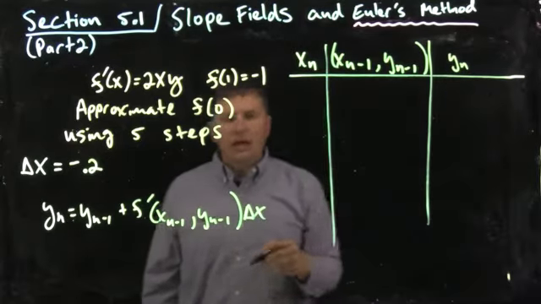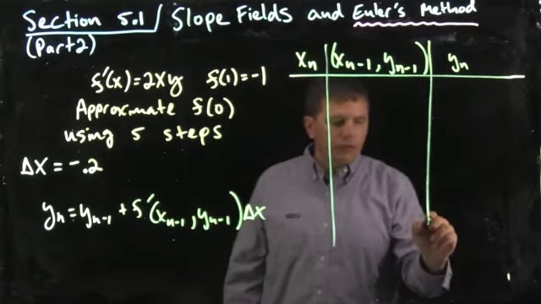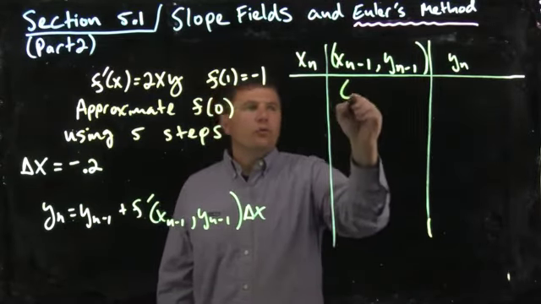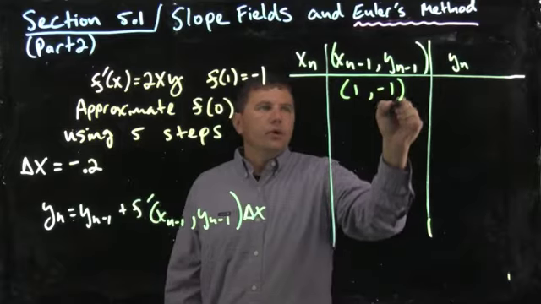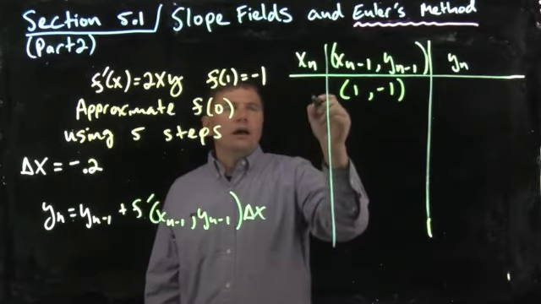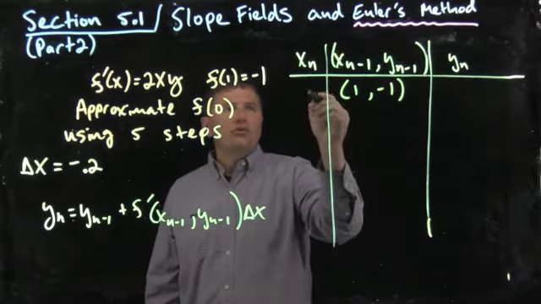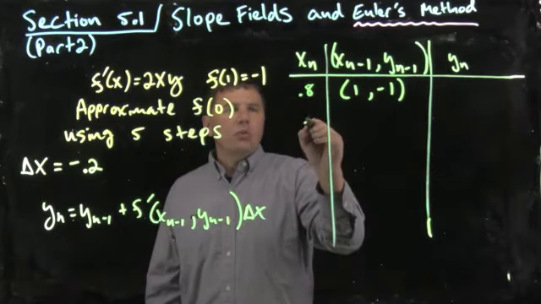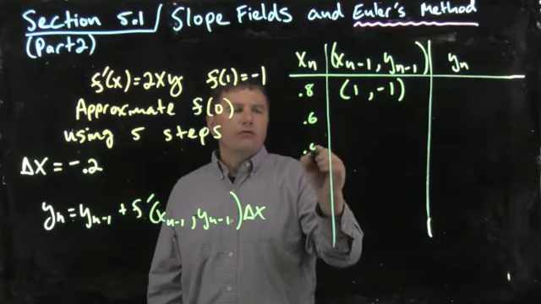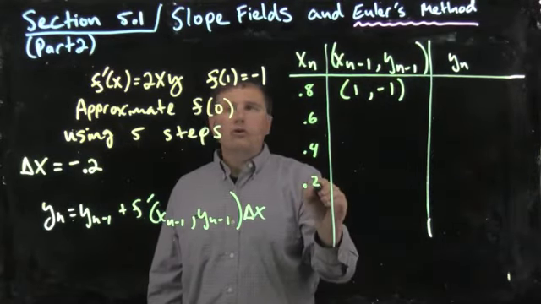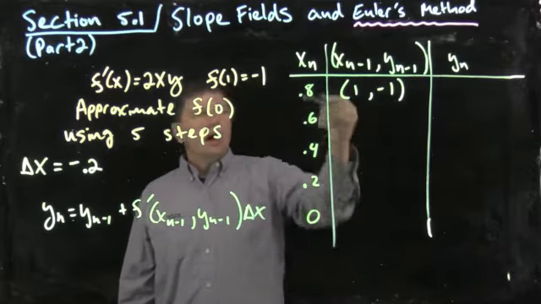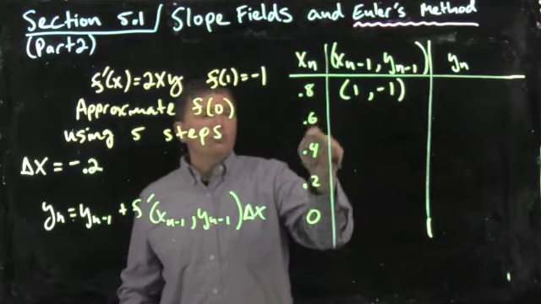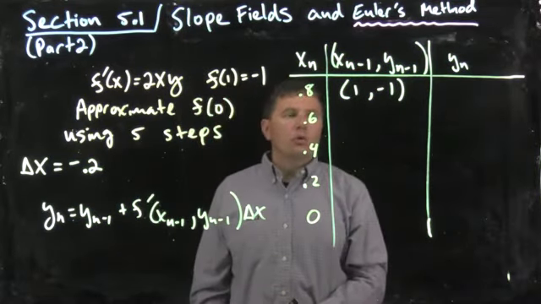The y sub n I'll do in the calculator, and I'll walk you through that trick again if you had a hard time following it. Let's plug in the initial point, which is 1, -1. My first x sub n will be 0.2 to the left, so 0.8, then 0.6, 0.4, 0.2, and we're interested in 0. The number of rows should equal the number of steps if we did this right: 1, 2, 3, 4, 5 steps. So we're good to go.